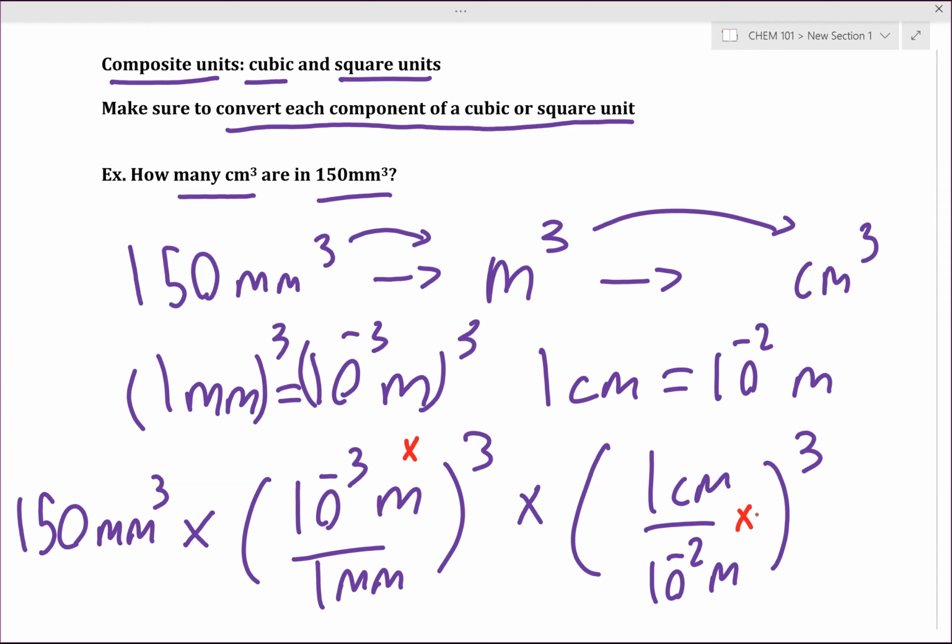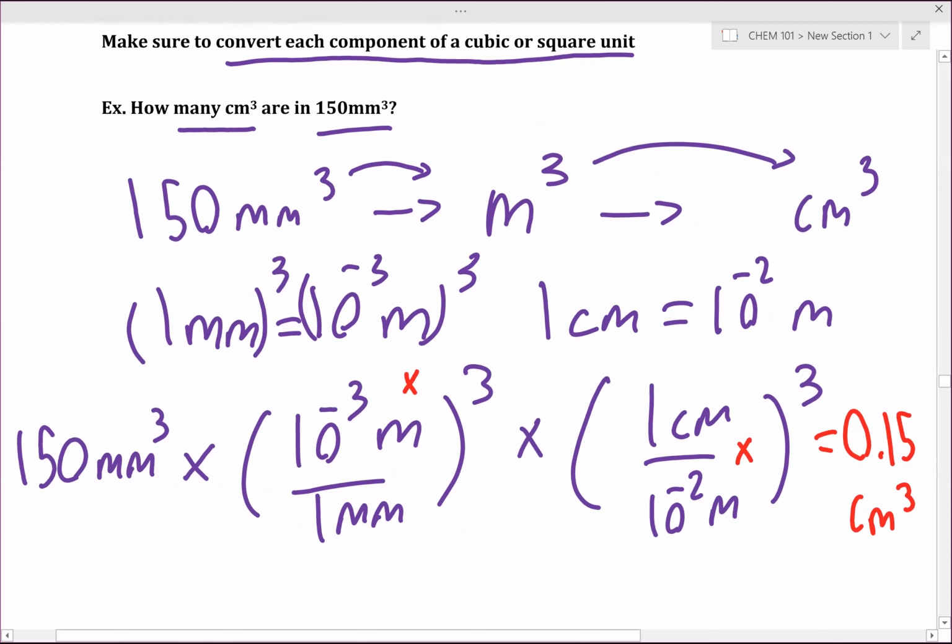Okay. So with that said, you just get out 0.15. Okay, perfect. Any questions on this example?